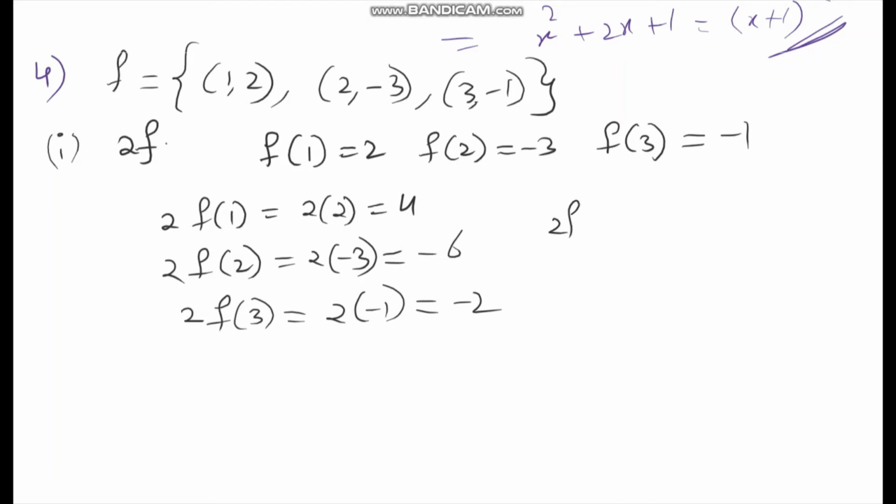So 2f will be equal to {(1, 4), (2, minus 6), (3, minus 2)}.